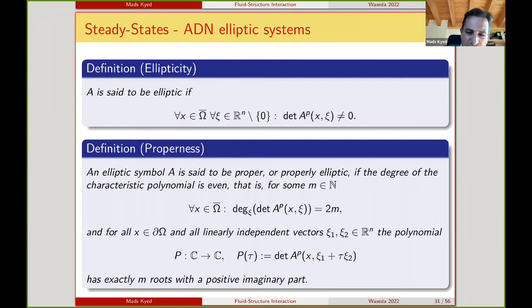whenever you have two linearly independent vectors, xi1 and xi2, you can construct polynomials of this type here.